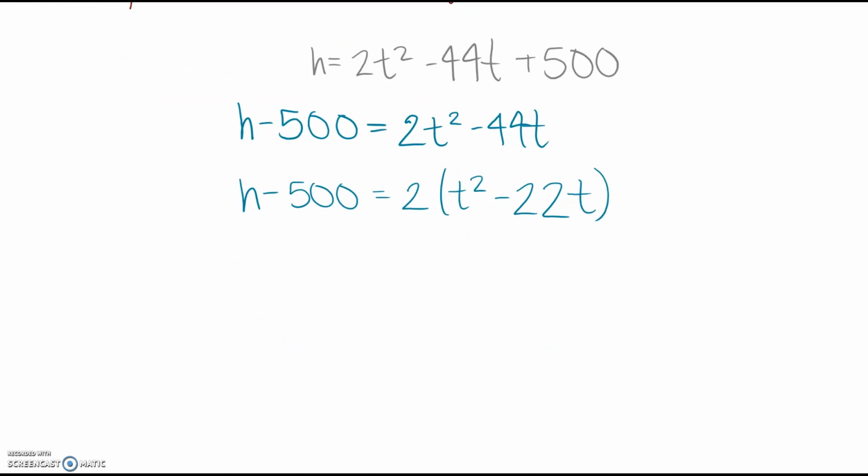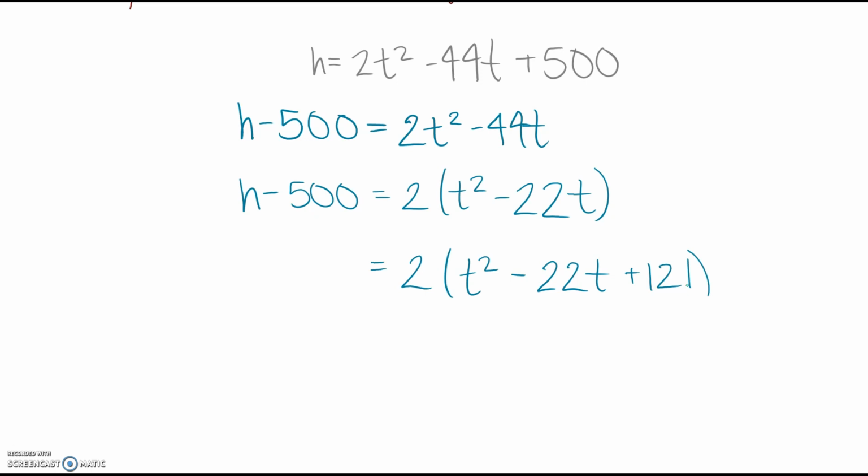Okay, so now that I factored out my a value, I can complete the square. So I'm going to do, remember, b over 2 squared. So negative 22 divided by 2 squared will give us 121. So on the right side, I will have 2 times t squared minus 22t plus 121.